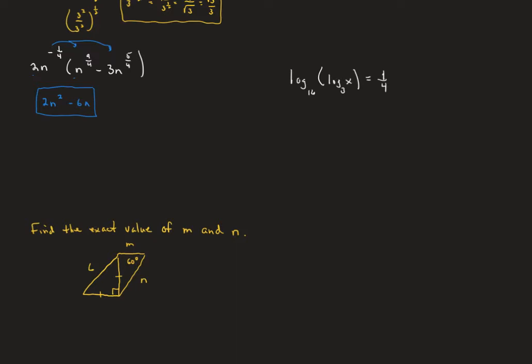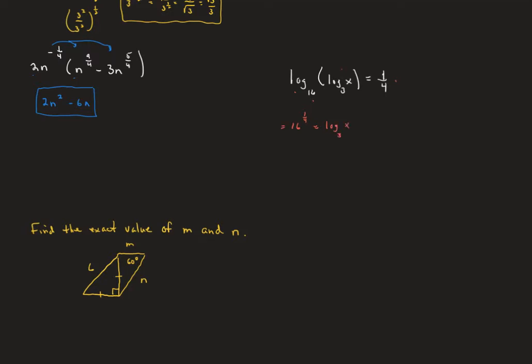The next one, we can say that to get out of this first logarithm, we'll go 16 to the 1/4 equals this logarithm. So we have 16 to the 1/4 is equal to the log base 3 of x.